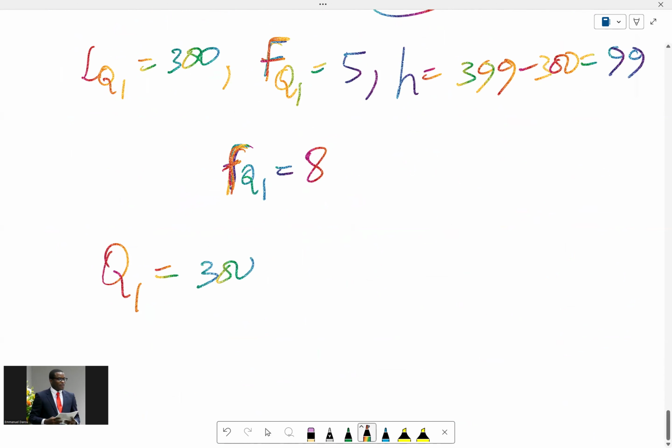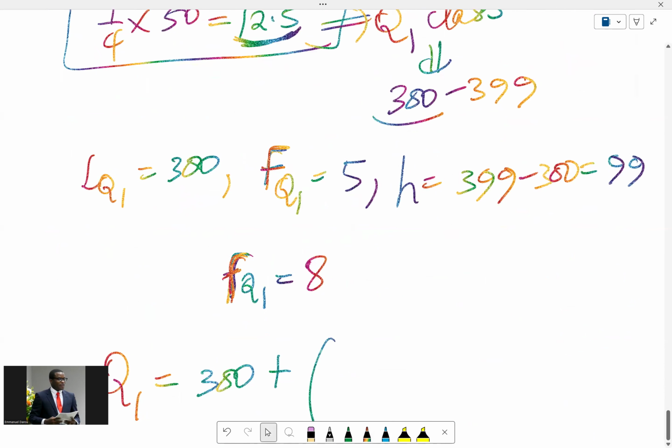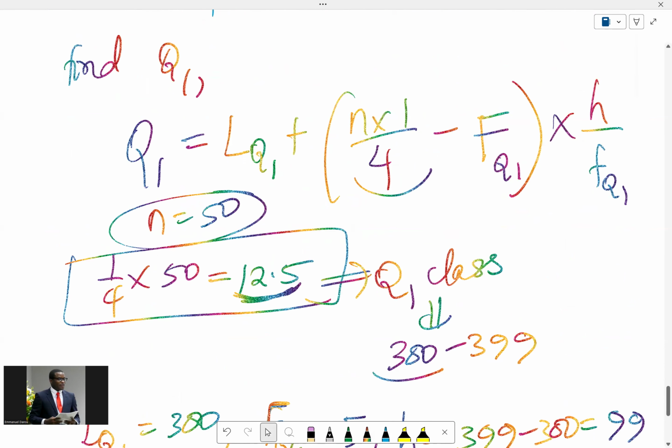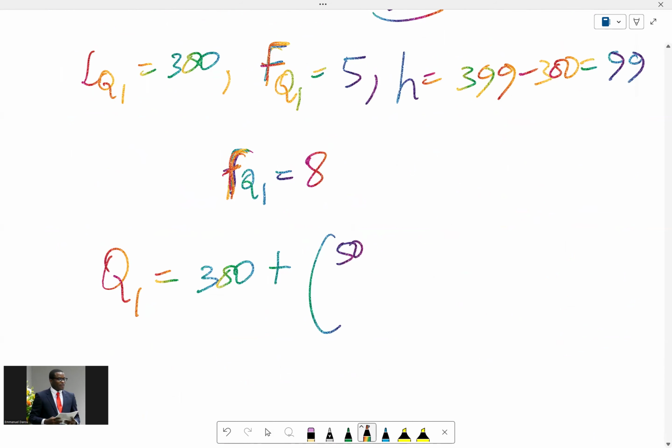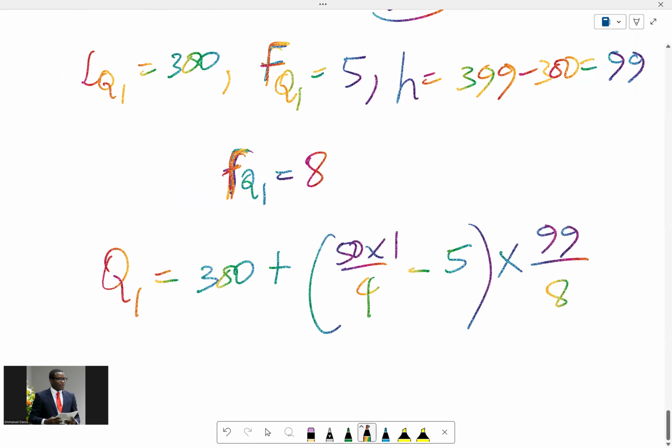Q1 now is 300 plus n times 1 over 4, that's 50 times 1 over 4, minus the cumulative frequency before that class, which is 5, times 99 over the frequency of that class, which is 8. So we need to compute this now.